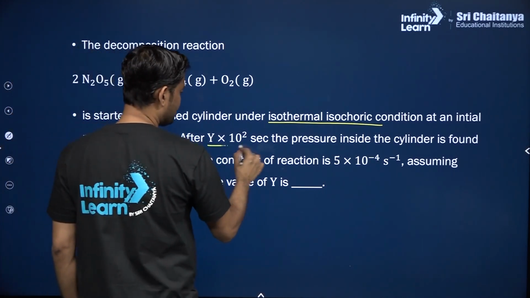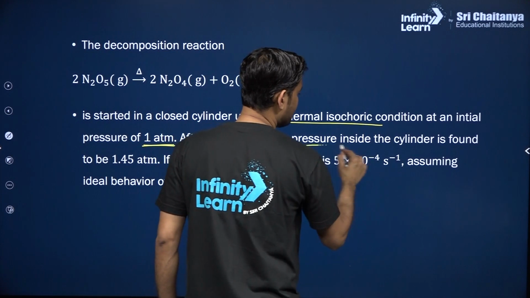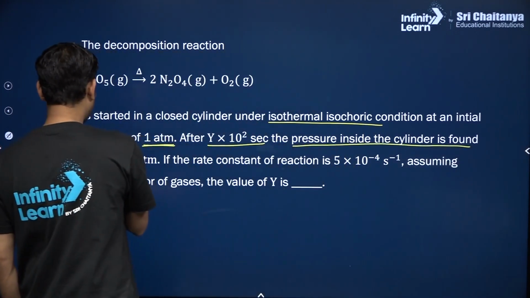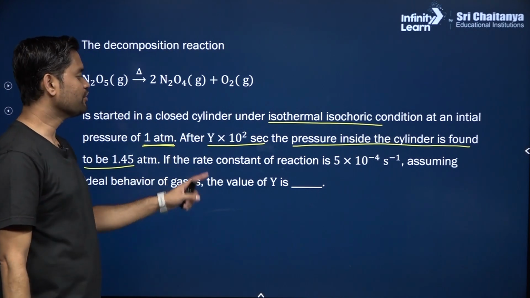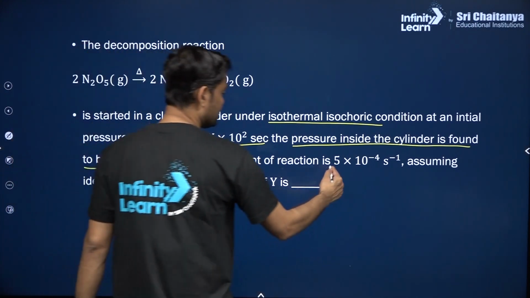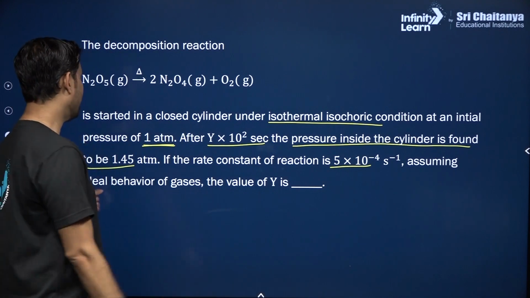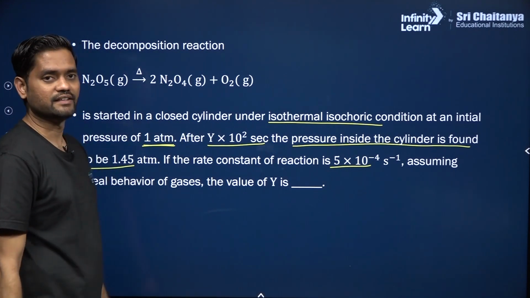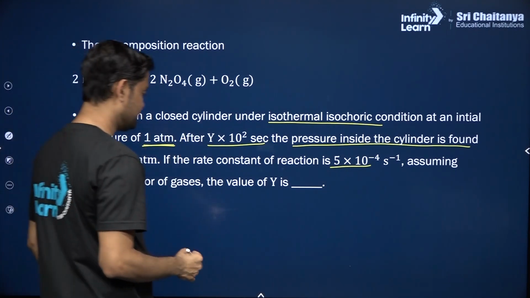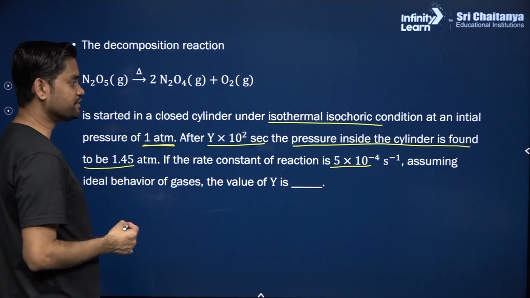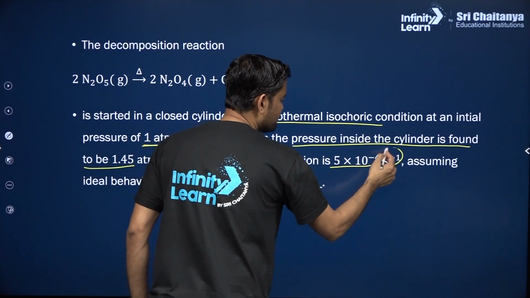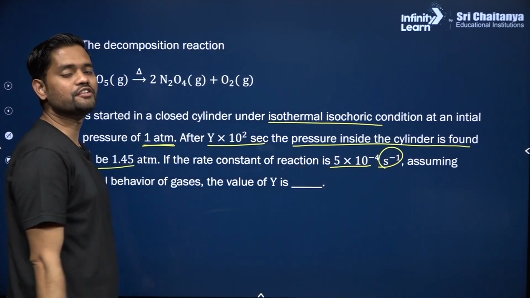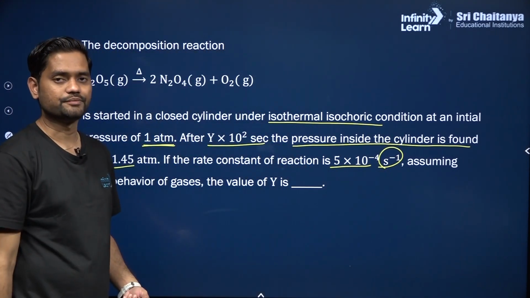After this much time, the pressure inside the cylinder is found to be 1.45. If the rate constant of the reaction is this, assuming ideal behavior of gases, the value of Y is. So first of all, if you see the rate constant, the rate constant is in second inverse, and with this unit it says that it is a first order reaction.